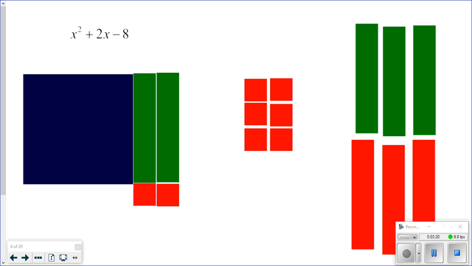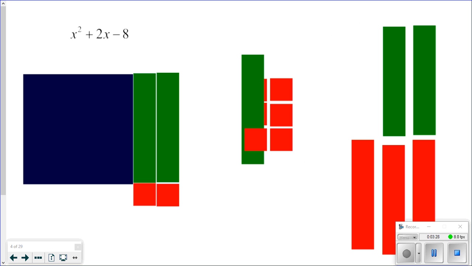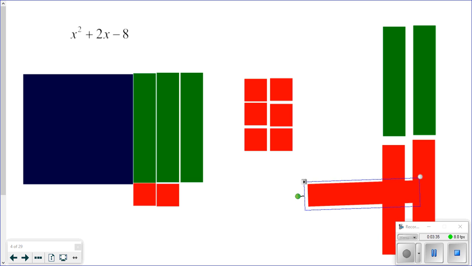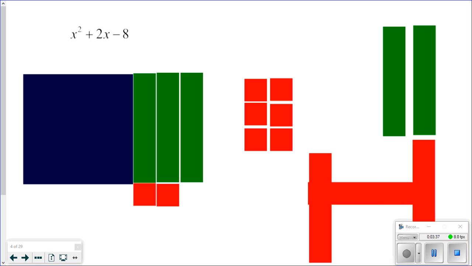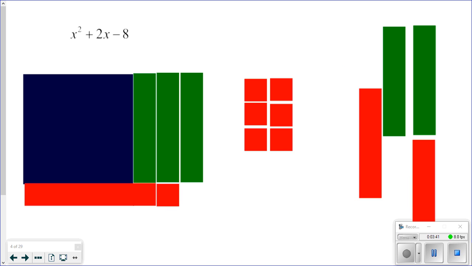Over here off to the side, notice I have some green ones and some red ones. I want to put my green ones together on one side and my red on the other. Now, if I'm adding in 1x, I don't want to change the question, so I'm going to cancel it out by adding in a negative 1x. So this red and green essentially cancel each other out.